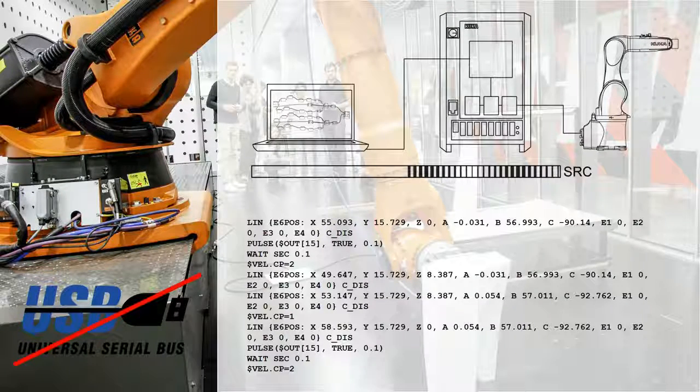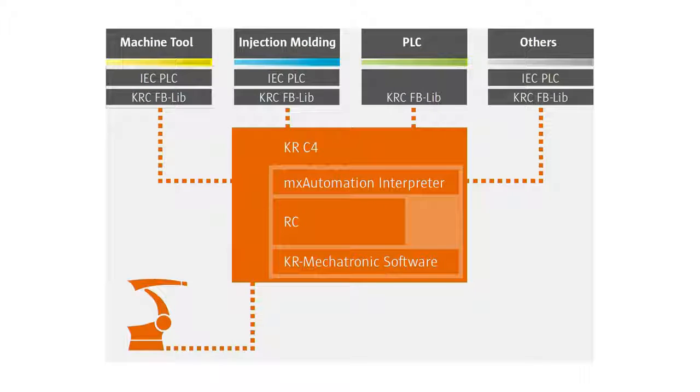There have only been some developments recently, and KUKA developed a system called MX Automation. MX Automation is actually not made for visual programming or this kind of normal programming at all. They developed it to have CNC controllers, so-called PLCs, be able to control a robot.